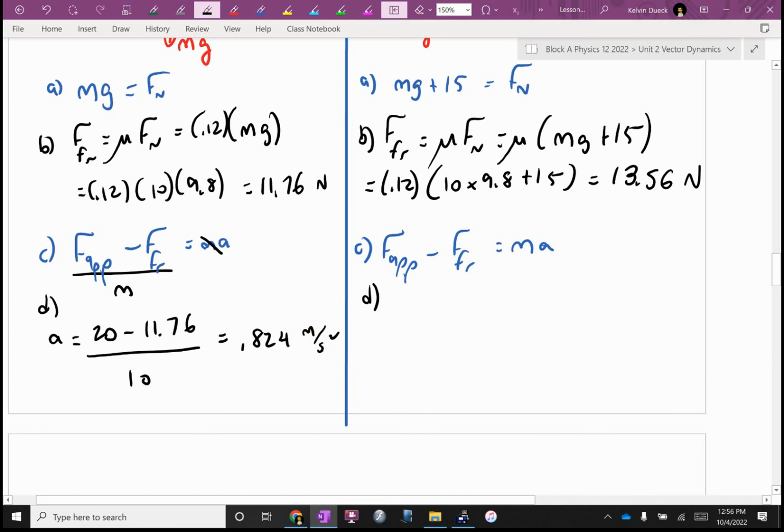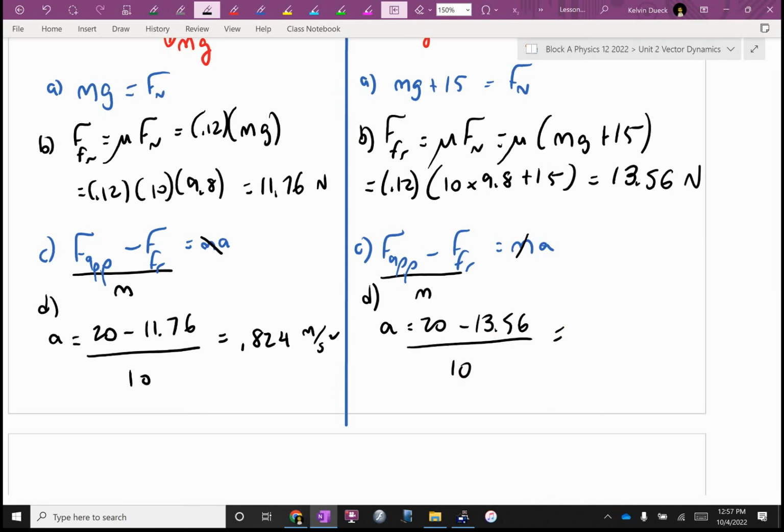Jan, is that a big acceleration? Not really. I'm a little worried that we might get a negative answer, but easy fix. Then it's going to be friction minus F applied equals MA. I just picked the wrong winner. So it's a pretty easy fix. It's not something I lose sleep over. Again, divide by M. So A is going to be 20 minus 13.56 divided by 10. 20 take away 13 is 7, take away 0.56, 6.44.